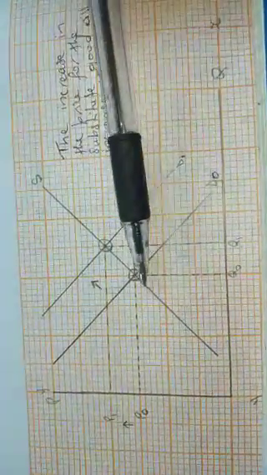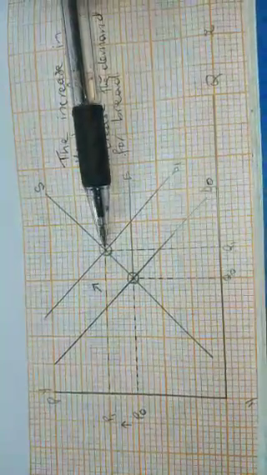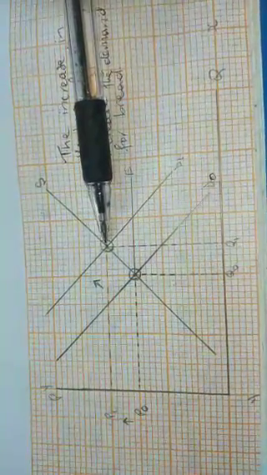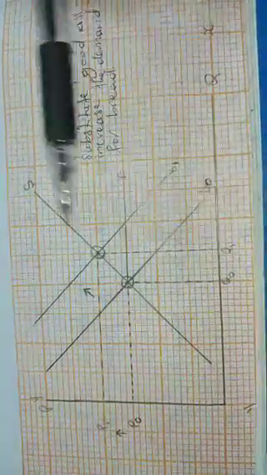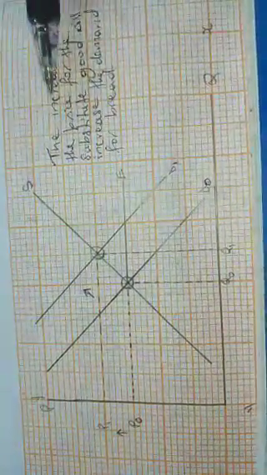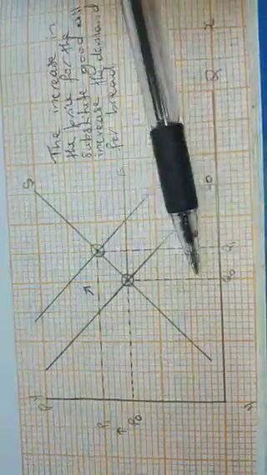As such, the new equilibrium price would be here, and the new quantity would equate to Q1 here. So in representing all this information on the graph, this is how your graph should look.